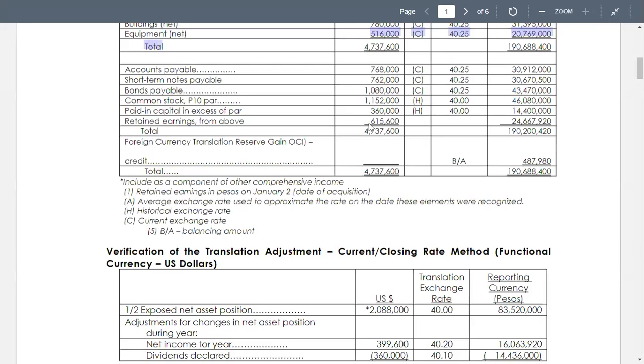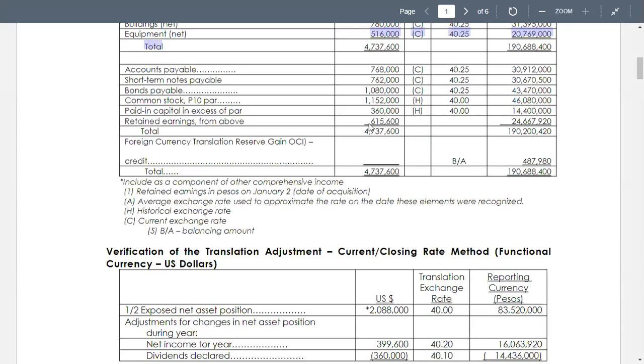So how many? Advertising expense, amortization expense, depreciation expense, salary expense, and sales. So there are 5 items that will be translated by using the average rate.